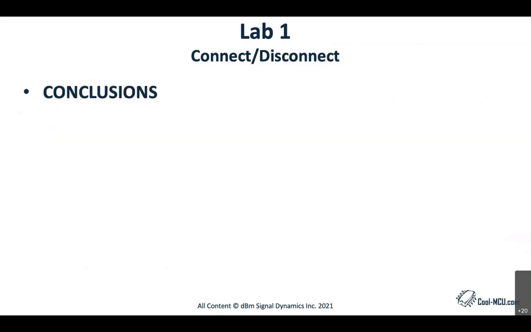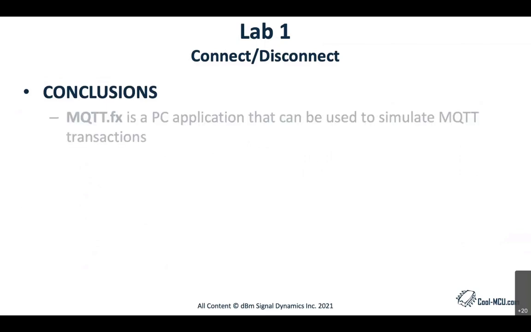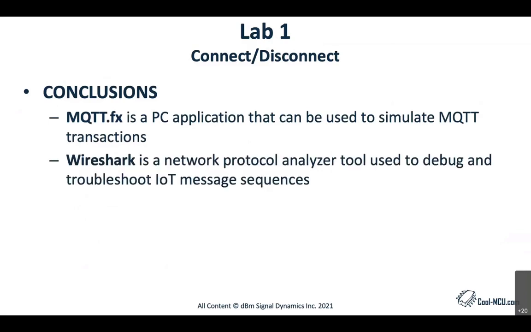And we can summarize what we will have learned after you've completed Lab 1 on this slide. You'll learn that MQTT.fx is a PC application that can be used to simulate MQTT transactions with a broker. You'll learn that Wireshark is a network protocol analyzer tool that's used to debug and troubleshoot IoT message sequences.